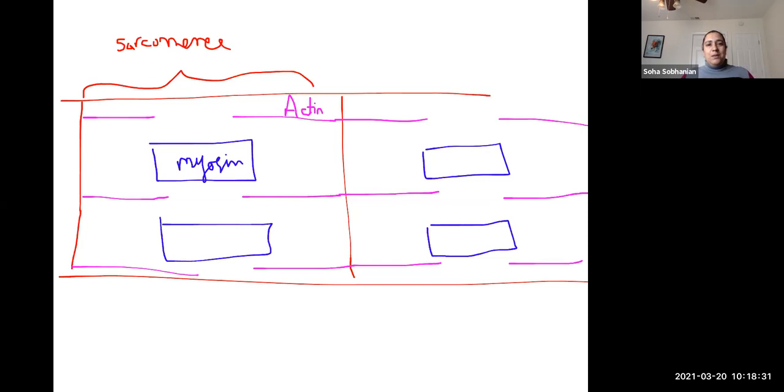Okay, and that's basically what muscle contraction is.